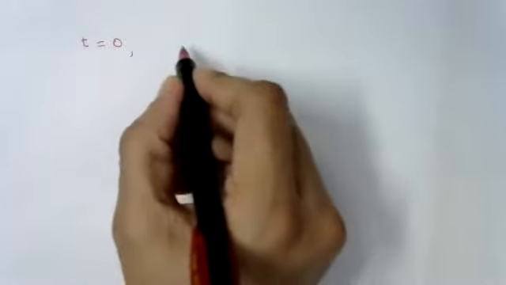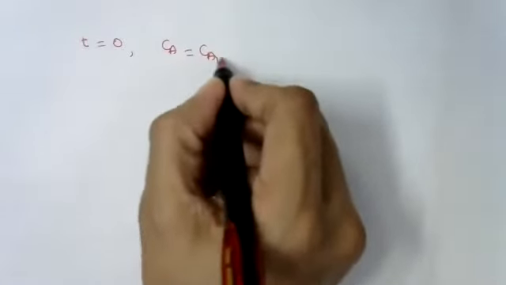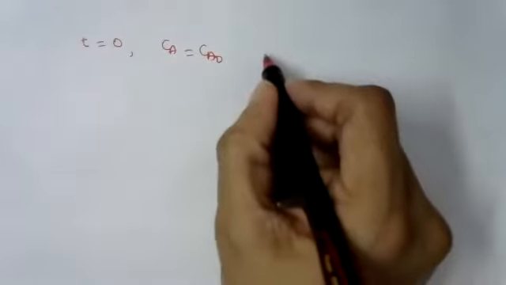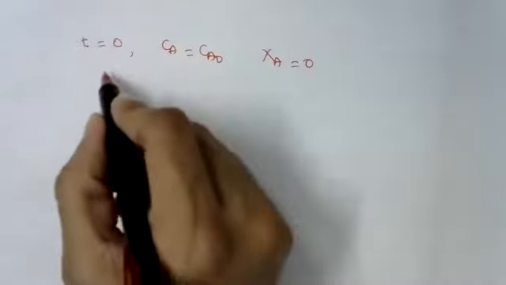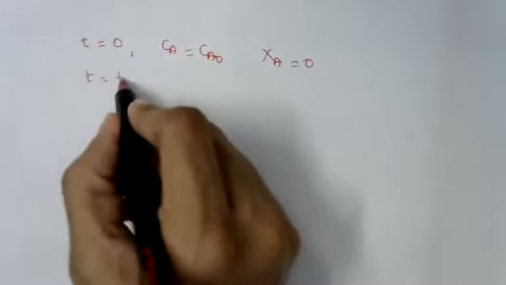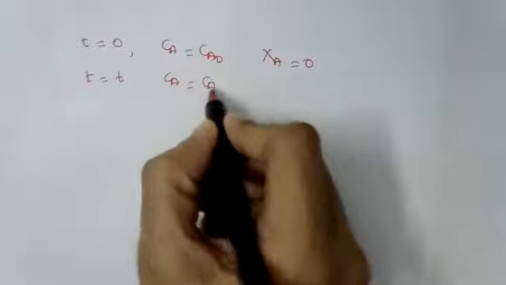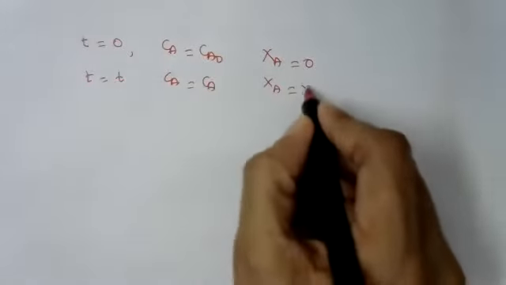Now, first of all, we have to define the limits before we integrate expression number 5. So the limits are, when t is equal to 0, Ca is equal to Ca0, and Xa is equal to 0. When t is equal to t, Ca is equal to Ca, and Xa is equal to Xa.